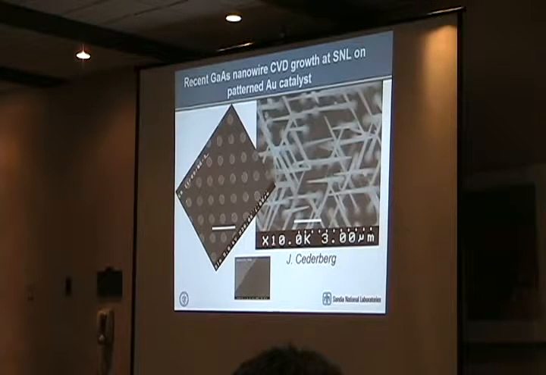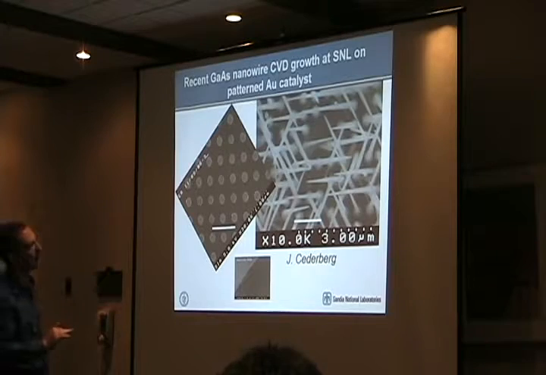Here's an example. In this case, this is gallium arsenide nanowire growth, and this is on 111 gallium arsenide. What we see is that these nanowires, and gallium arsenide is FCC, so we're no longer dealing with wurtzite. But I wanted to show you this example where we indeed have growth.